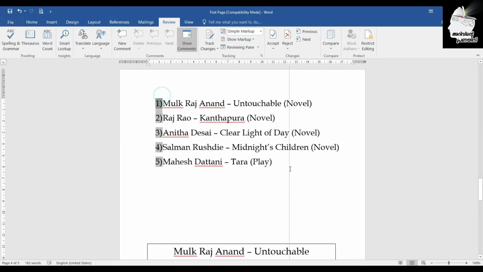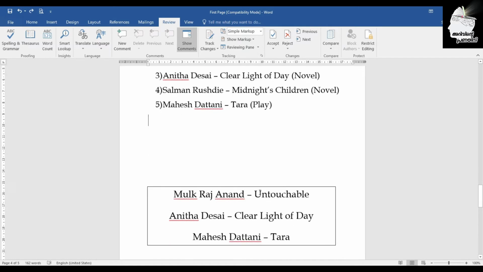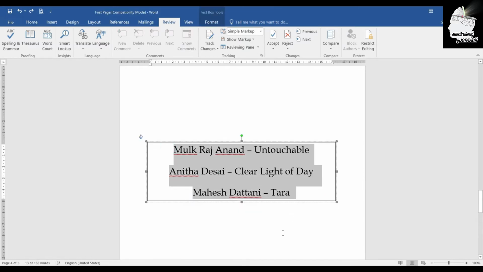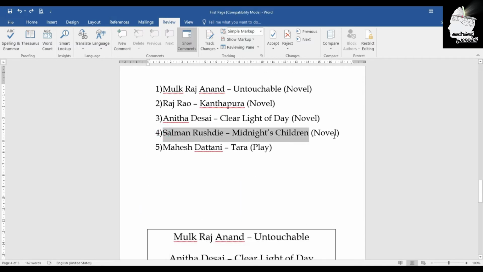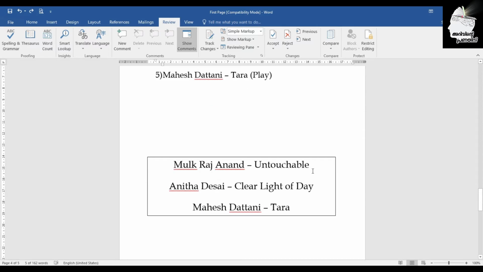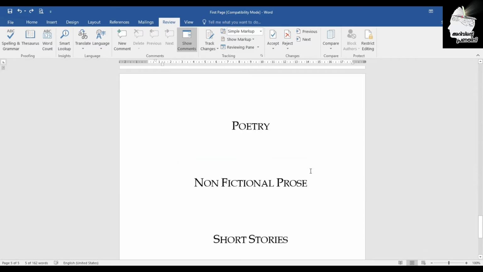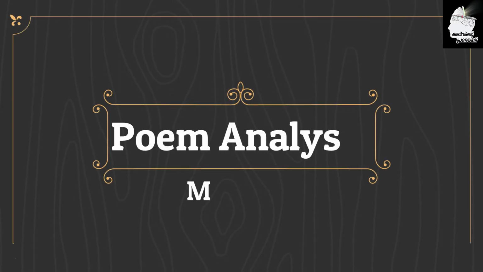These 5 are important, but if you study these 3 portions, you can write the 3 important questions. Midnight's Children and Kanthapura are a little bit difficult to study, that's why I am just leaving them. And the remaining portion is poetry, then non-fictional prose and short stories.